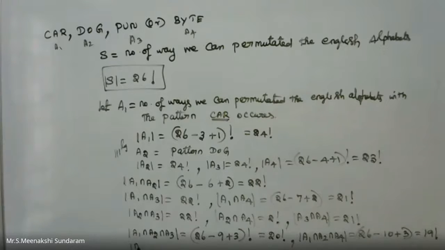One more combination, A1 is over: A2 intersection A3 intersection A4. That is also 20 factorial.